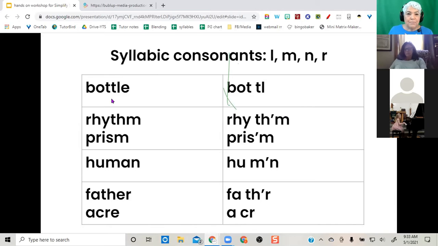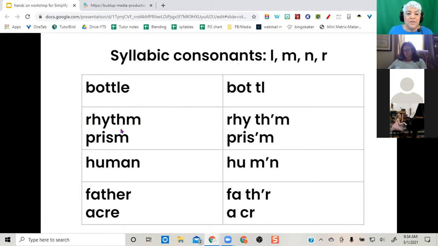If I were to say the word bottle, it comes out as bot-tle, and there's no vowel sound here, right? Now, in orthography, we say every syllable needs a vowel, so we stuck an E here. So most of the time, when the L is syllabic, there's a vowel with it, but not always.